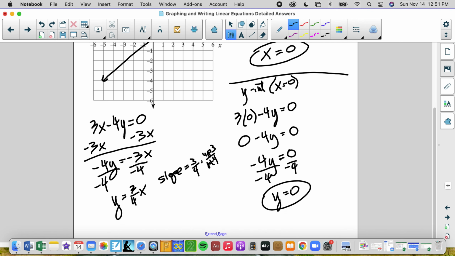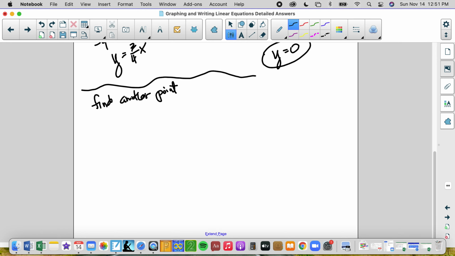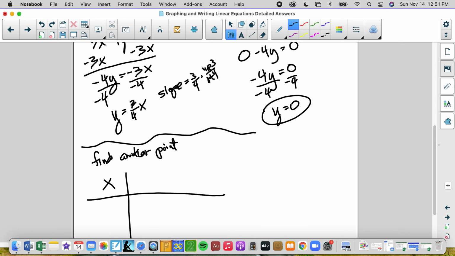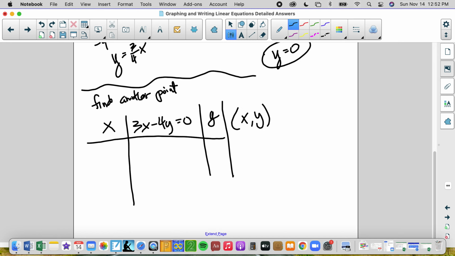The other thing you could have done is you could have just found another point, and the way you do that is you use the H chart. You plug in an x value, and your equation is 3x minus 4y equals 0, and you're going to find out what the y value is. So you're going to pick an x value.